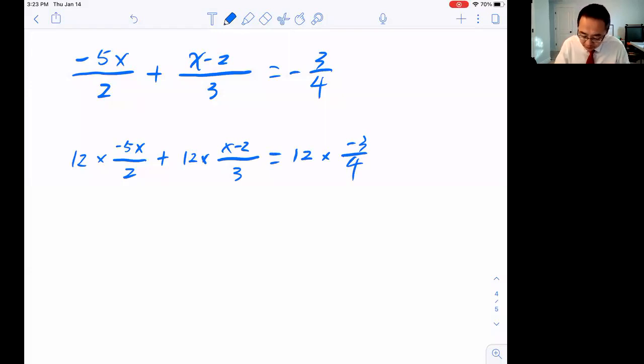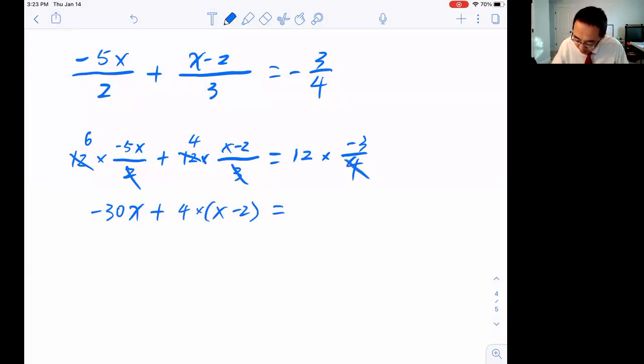The only difference is now, 12 divided by 2 gives you 6, so this is negative 30x. Plus 12 divided by 3 gives you 4, so this is 4 times x minus 2. That equals, 12 divided by 4 gives you 3, so 3 times negative 3 is negative 9. Right? Everybody with me so far?